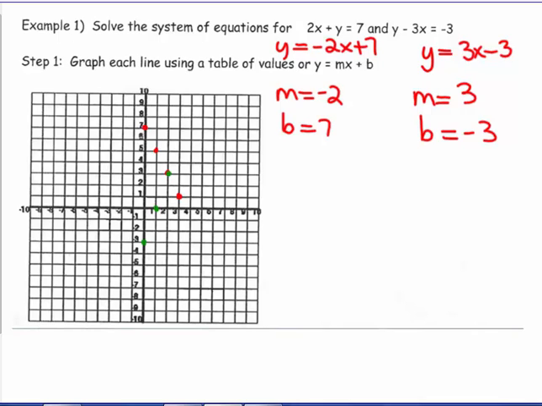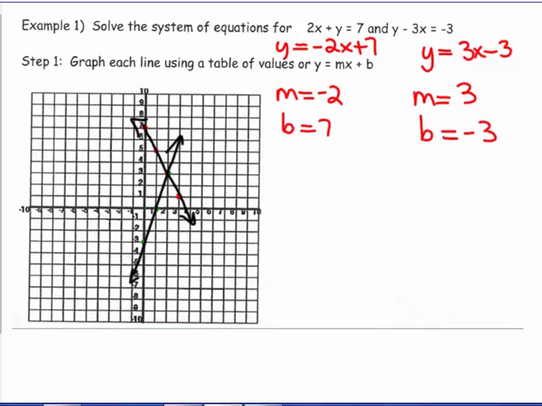So use your ruler, extend your lines, making sure that they are nice and straight. And yes, I'm freehand drawing mine because my line tool is not working, but that's okay.